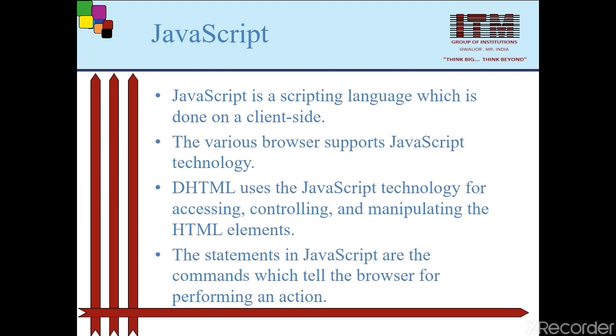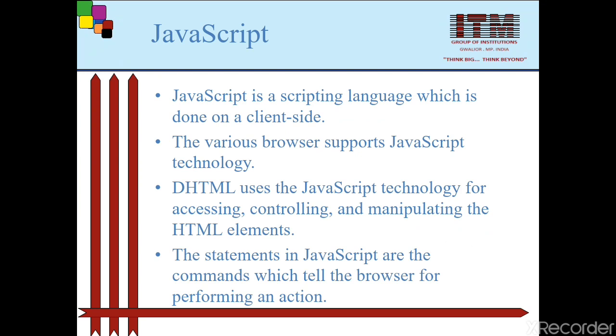Third component is JavaScript. JavaScript is a scripting language which is done on the client side. The various browsers support JavaScript technology. DHTML uses JavaScript technology for accessing, controlling and manipulating the HTML elements.